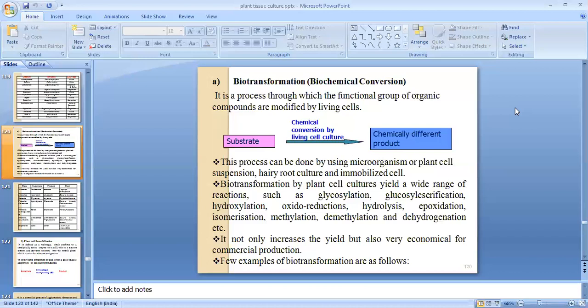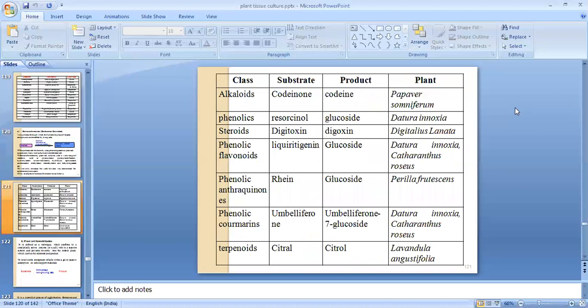And here you can see some examples of secondary metabolite production by these conversions. The very first class of compound is alkaloid. Here the substrate used is codeinone, which is converted into codeine by a single step process in Papaver somniferum. And an example of phenolics: resorcinol is converted into glucoside in Datura inoxia.